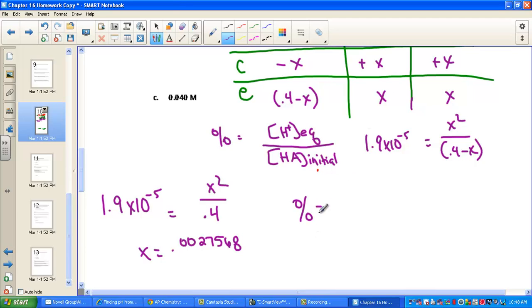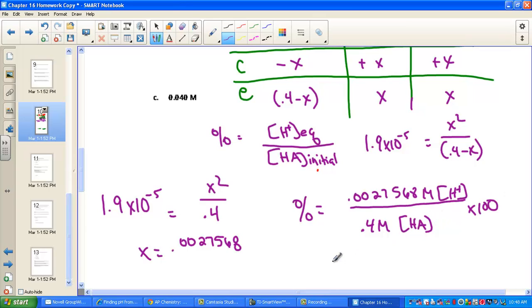Let's see what we get for percent ionization. 0.0027568 molar units of hydrogen over the initial value of that molecular form of the acid, 0.4 molar, and I think I'll just write HA for any generic acid, expressed as a percent. So divided by 0.4, expressed as a percent.